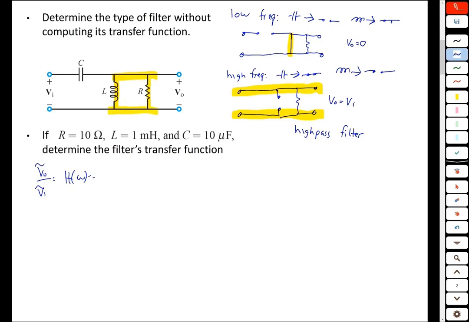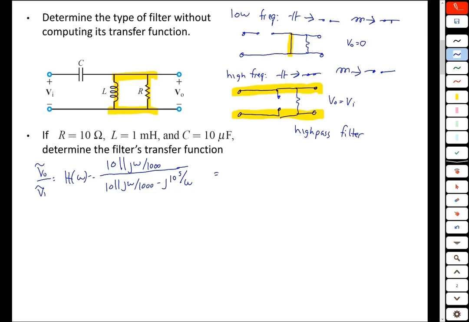So we end up getting H of omega is going to be the resistance in parallel with the inductor's impedance. The inductor's impedance is j omega L, so j omega over 1,000, over the same thing plus the capacitor's impedance. The capacitor's impedance is minus j over omega C. So it's minus j 10 to the 5th over omega.